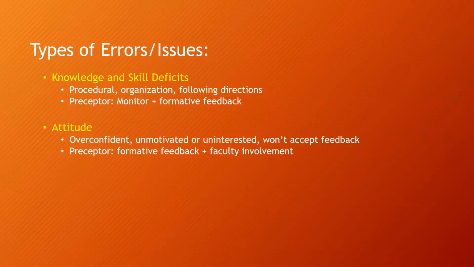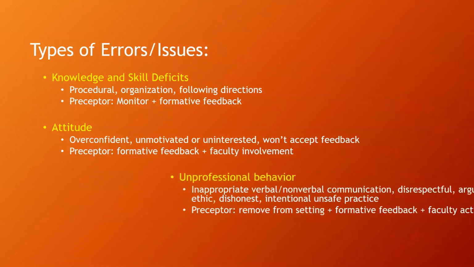And so the preceptor's responsibility is to continue to provide formative feedback, but also here's the bridge to start bringing in faculty involvement, because there are resources in the colleges and, I want to say, rules or standards that they need to impact to help form the attitude of that student. Remember, one of the goals is student success. And if we don't help them shape that professional attitude, they're not going to be successful.